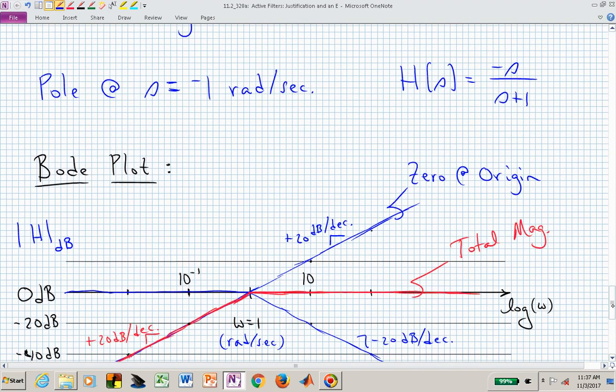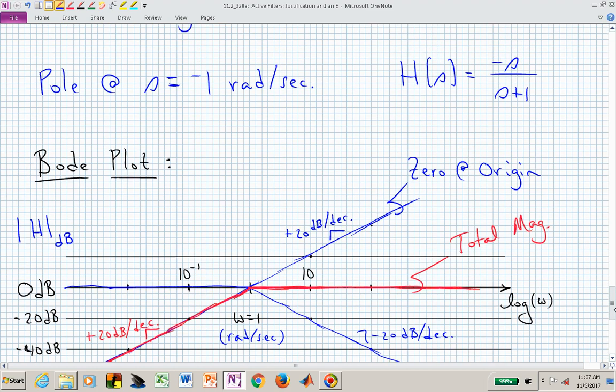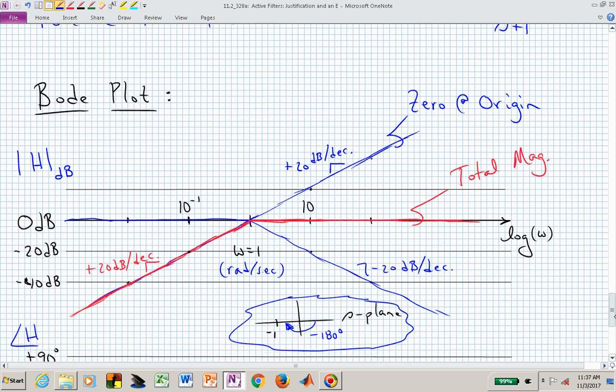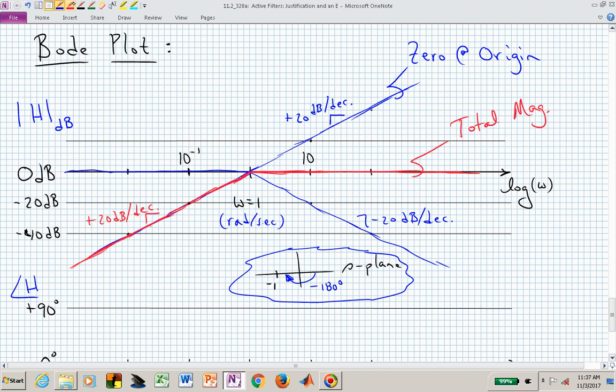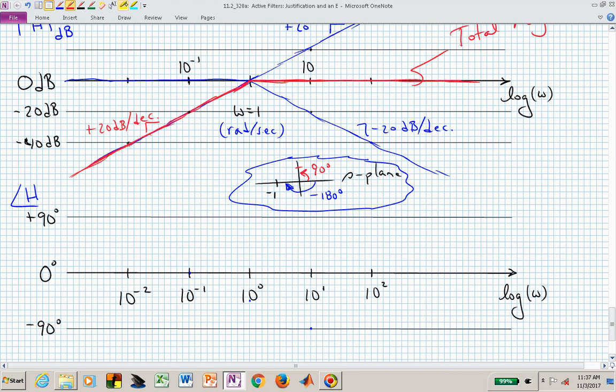Contrast that with the 0. The 0 now is this j omega, so the 0 is producing something that's up here, and so that has an angle of 90 degrees. Maybe I should have done that in a different color. Let me go ahead and do that in a different color.